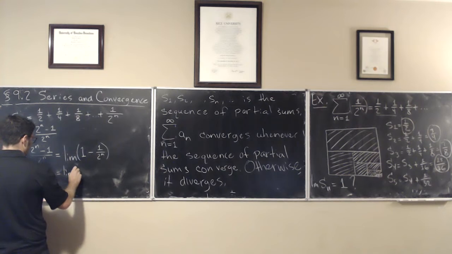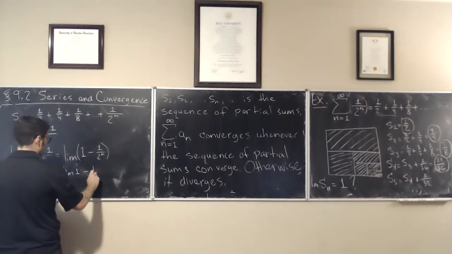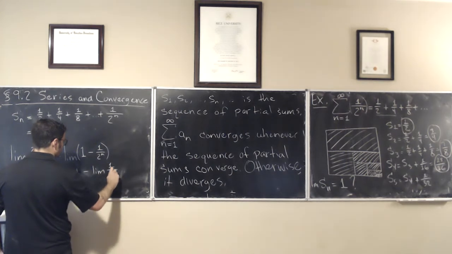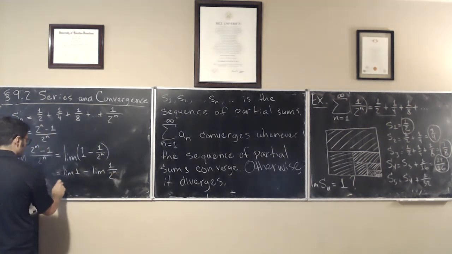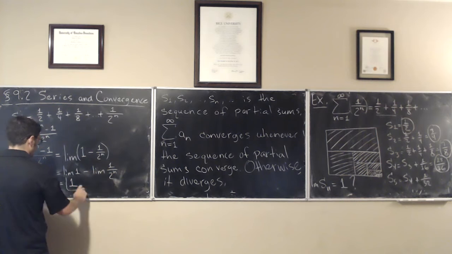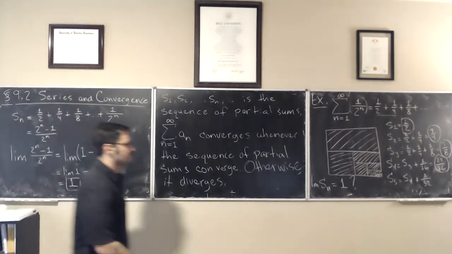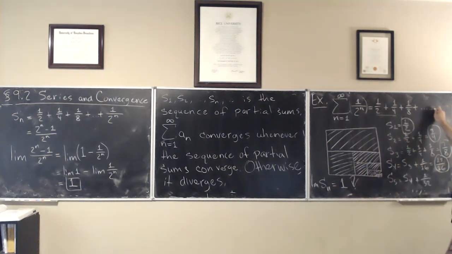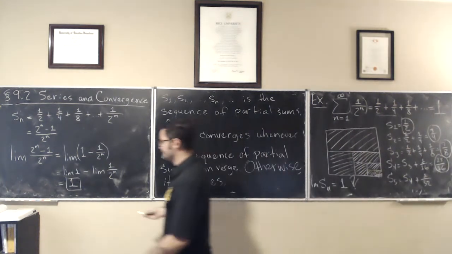So we have the limit of 1 minus the limit of 1 over 2 to the power n. There's no n here, so the first one is just 1, and then that goes to 0. So yeah, this sum equals 1. We verified it.